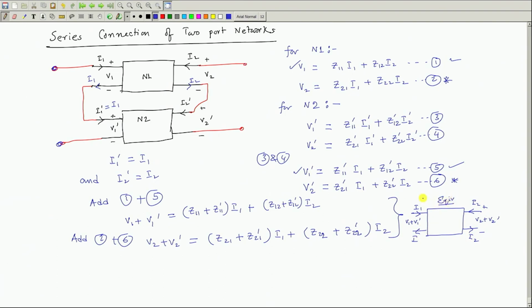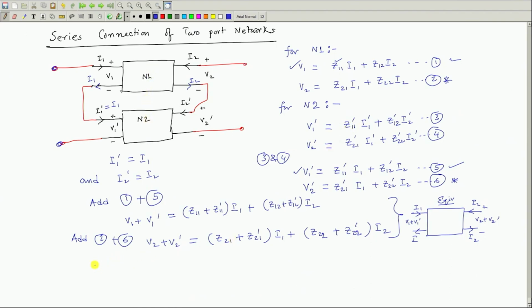Therefore, if two or several two port networks are connected in series, then in the overall equivalent two port network representation, the input port voltage will be the sum of all the voltages here. Input currents are same, I 1 and I 2. But the interesting thing is the impedance matrix of this two port network will be the sum of the impedance matrices of this network and this network.